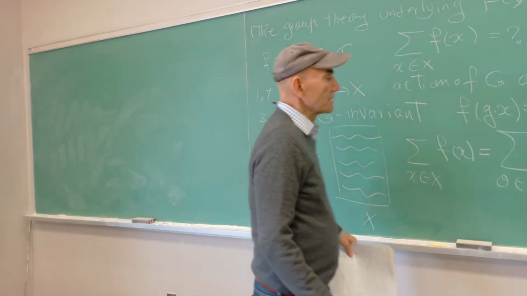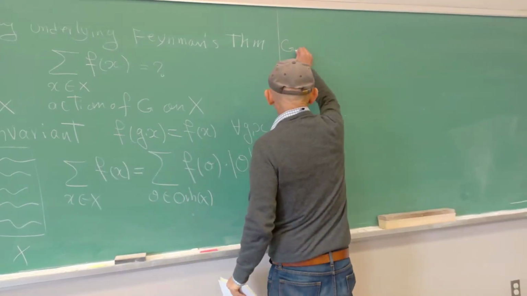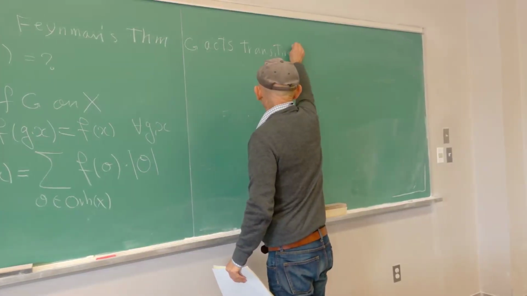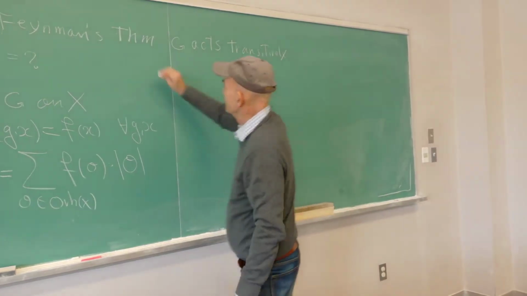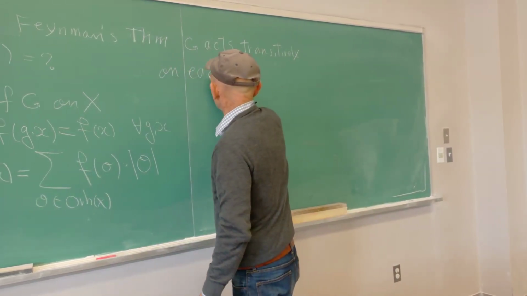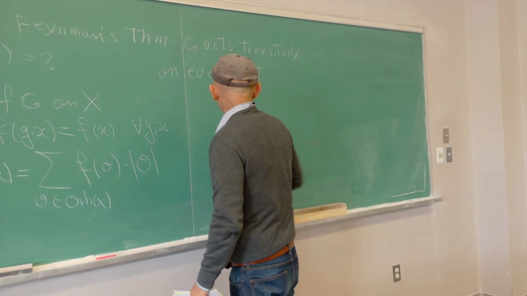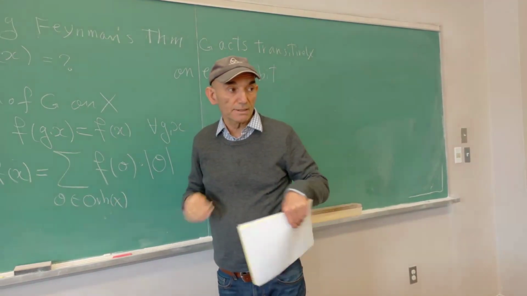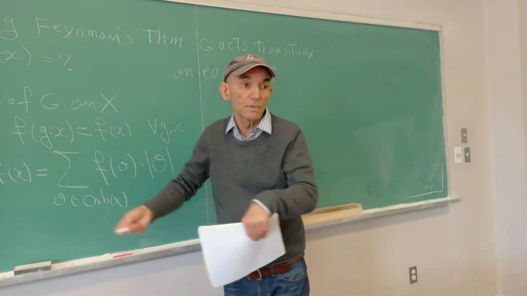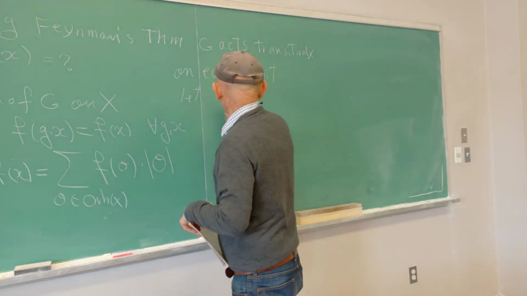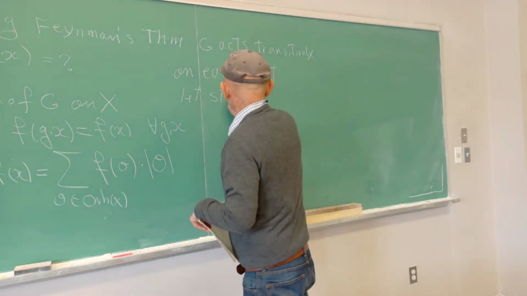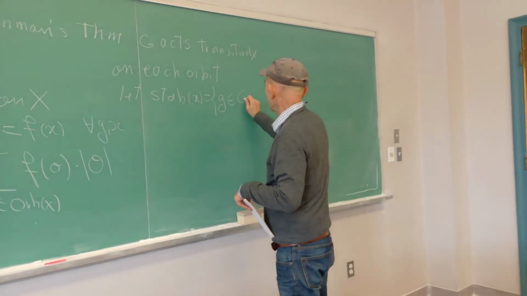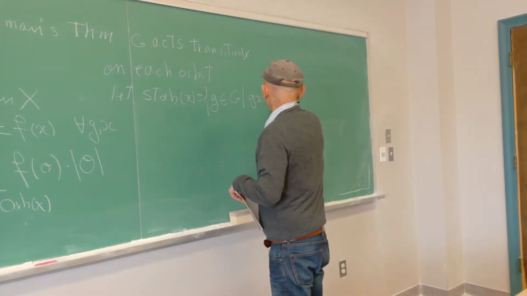So we can use the orbit stabilizer theorem to relate the size of the orbit to G. To be precise, let the stabilizer of x be equal to the set of all g belonging to G such that gx is equal to x.